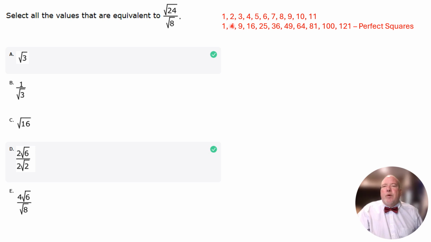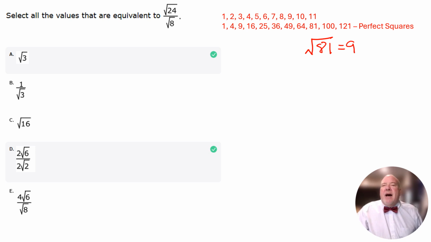So 1 squared is 1, 2 squared is 4, 3 squared is 9, 16, so on. And that gives me the numbers that are perfect squares. So perfect squares, what that means is if I take any of these numbers, so let's take 81, and I take the square root of 81, it's equal to 9. It's equal to a whole number.